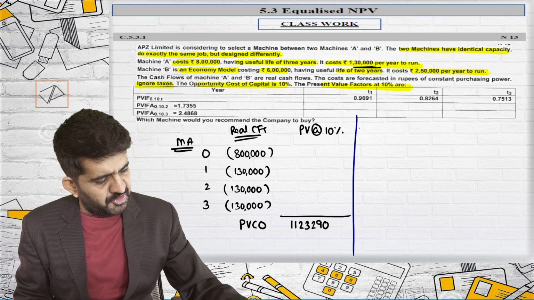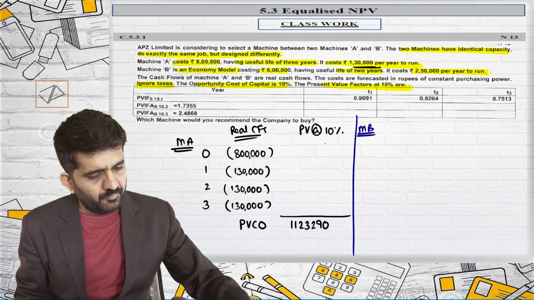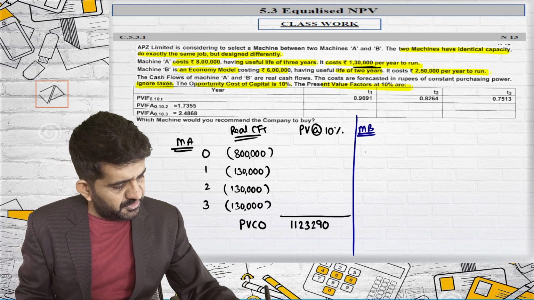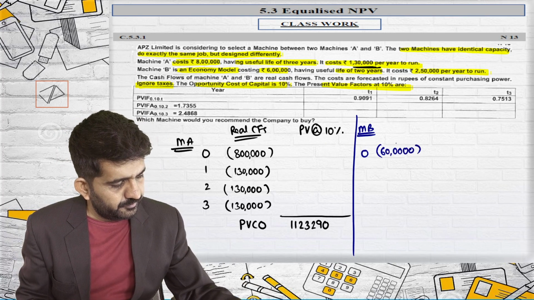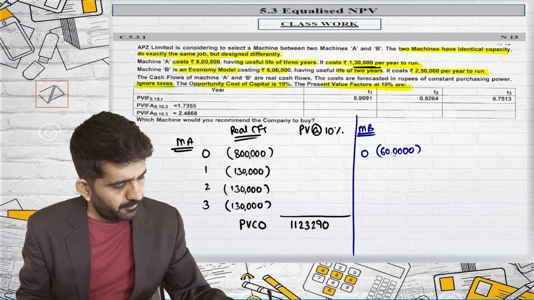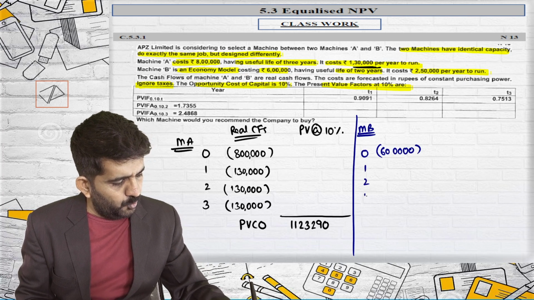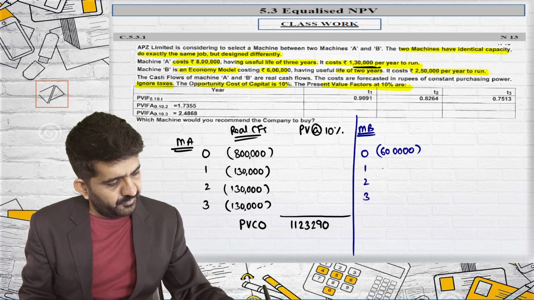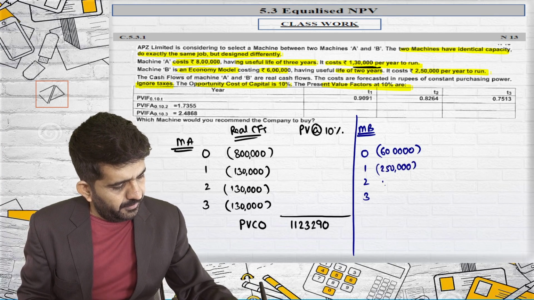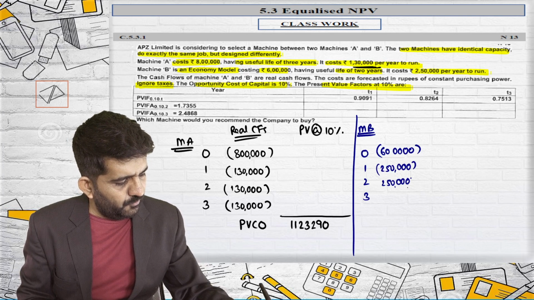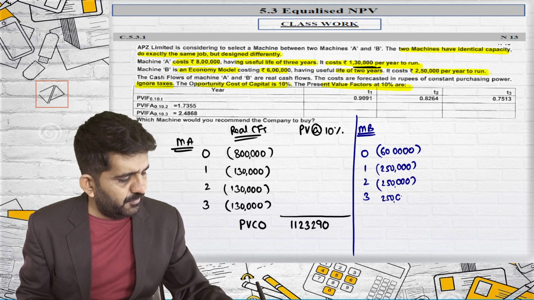I am doing it for machine B. Machine B in year 0 will be negative 6 lakhs. In years 1, 2 and 3 it will be 2,50,000 outflow each.